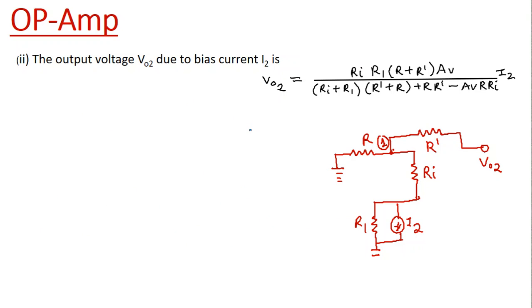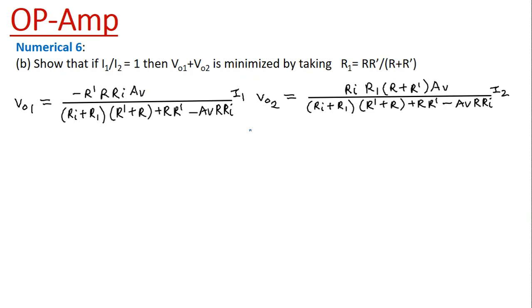Now we find out the V part. So we have two equations, that is VO1 and VO2. Here the condition is given that I1 upon I2 is approximately equal to 1.